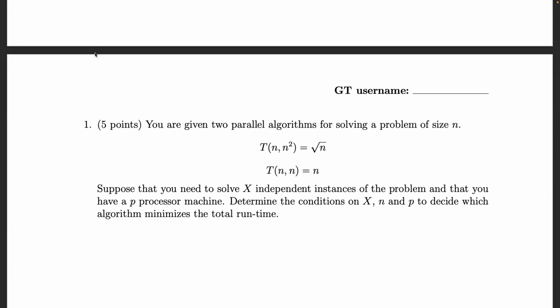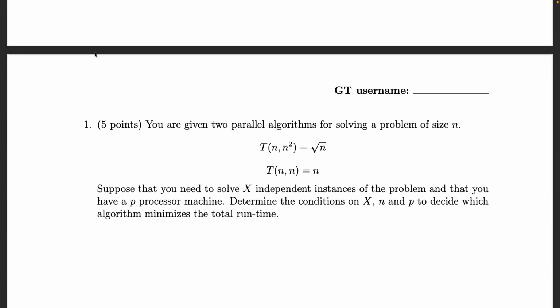You have two parallel algorithms for solving a problem of size n, you need some X copies of the problem, and you have P processors. I think this is asking, for some settings of processors, you're going to get less.